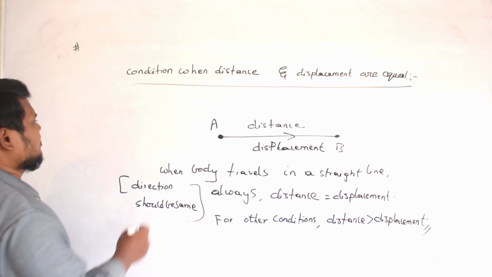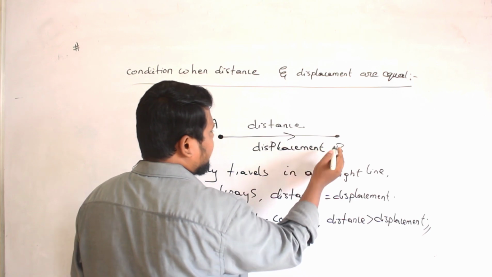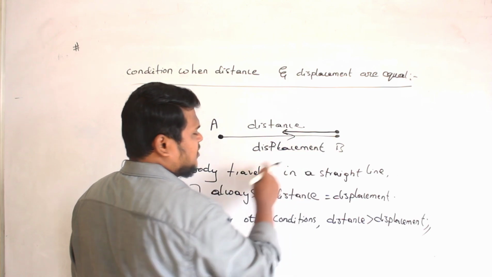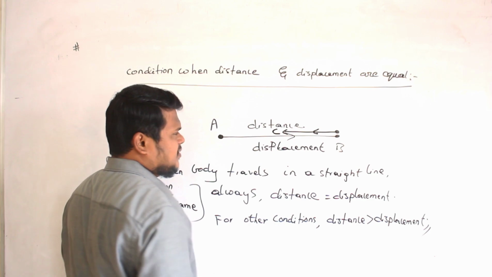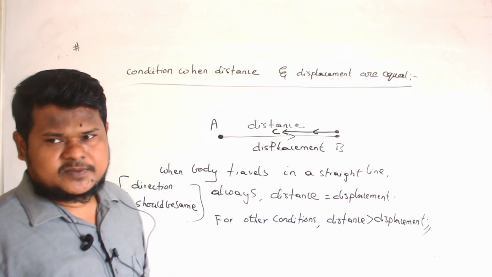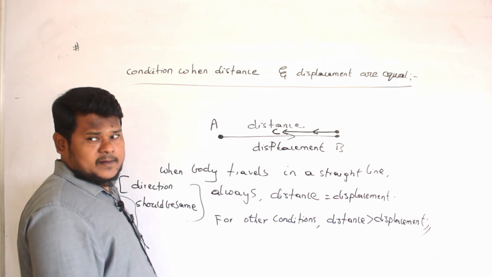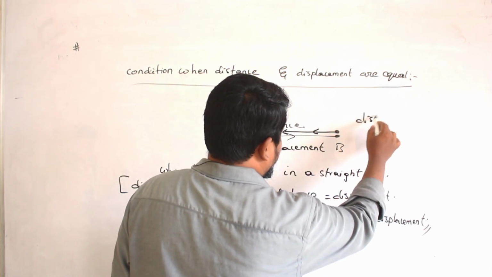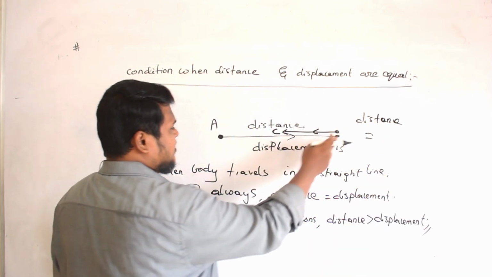For example, if a person starts from point A, travels up to point B, then returns back and reaches this point C. Clear now? First he travelled up to point B, then returned back from point B and reached point C. Then in this condition, what is the distance and what is the displacement? Distance is nothing but AB plus BC.